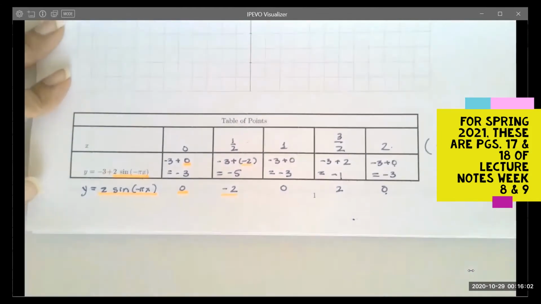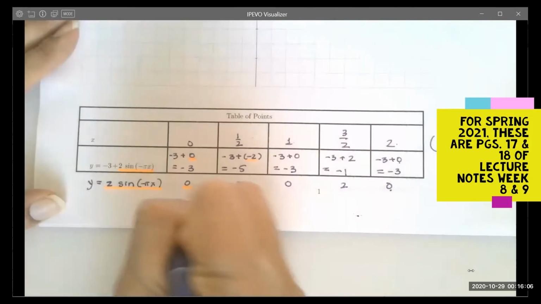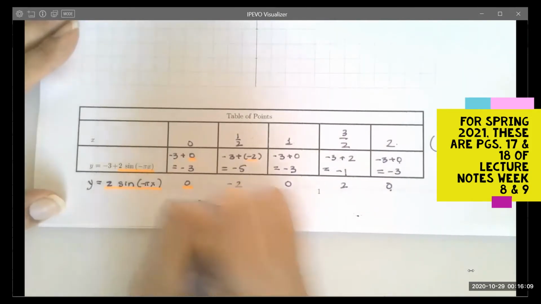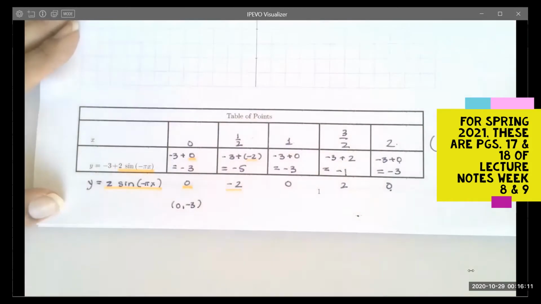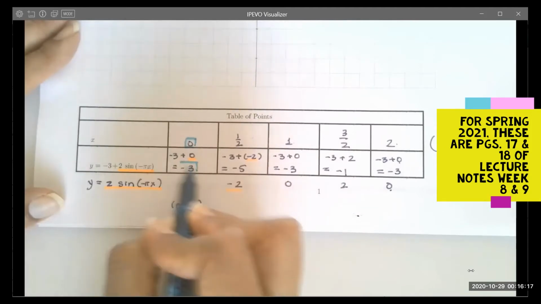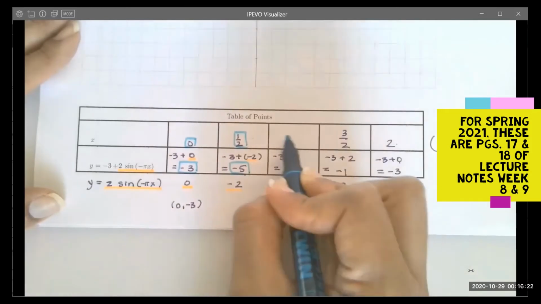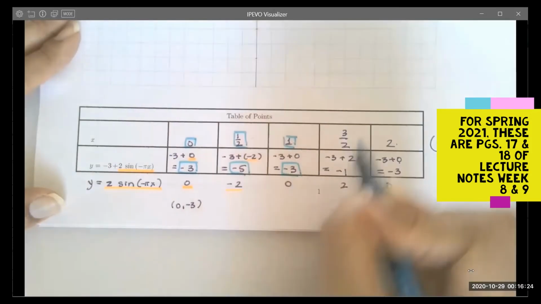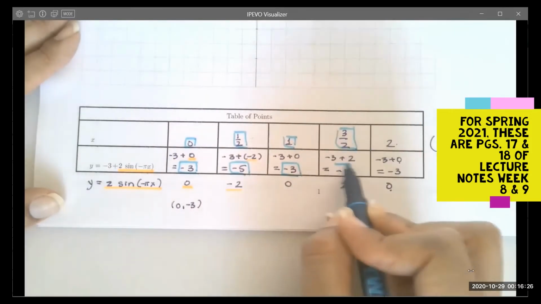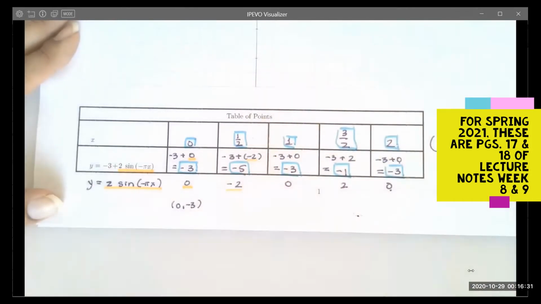So the final points that we're going to be graphing are (0, -3), (1/2, -5), (1, -3), (3/2, -1), and (2, -3). Those are the points we're going to be graphing.